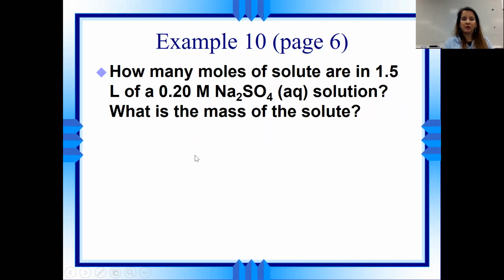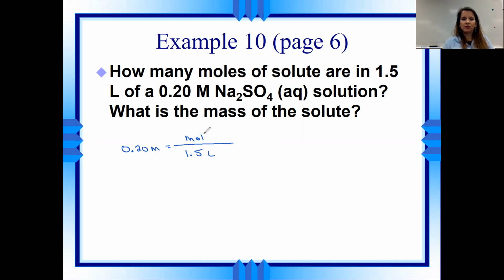Last example here, how many moles of solute are in 1.5 liters of a 2.20 molar solution of Na2SO4? So here, I've got my molarity, 0.20 molar. I'm trying to find my moles, which is up here on my top. That's my X. And I've got my volume here, 1.5 liters.